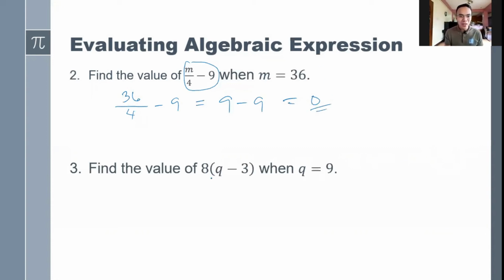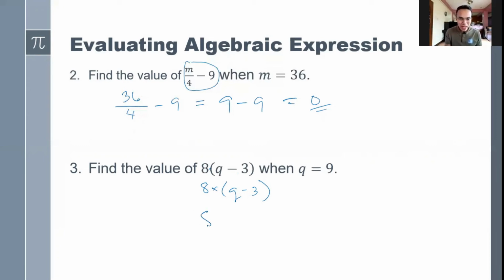Number 3, find the value of 8 times q minus 3. Again, this is read as 8 times q minus 3. Your goal here is to find the value of that expression given q equals 9.